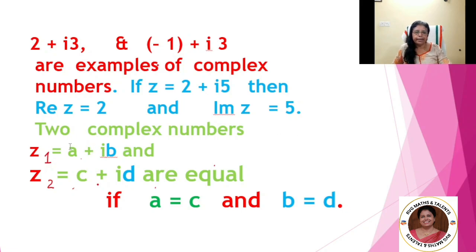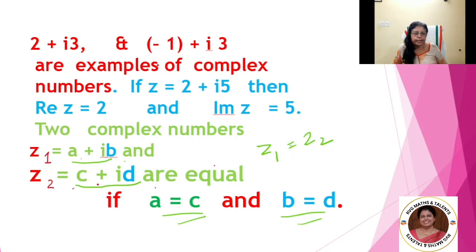Again, two complex numbers Z1 and Z2 are considered here. Z1 is a plus ib and Z2 is c plus id. Suppose Z1 equal to Z2. Then you can say a equal to c and b equal to d.